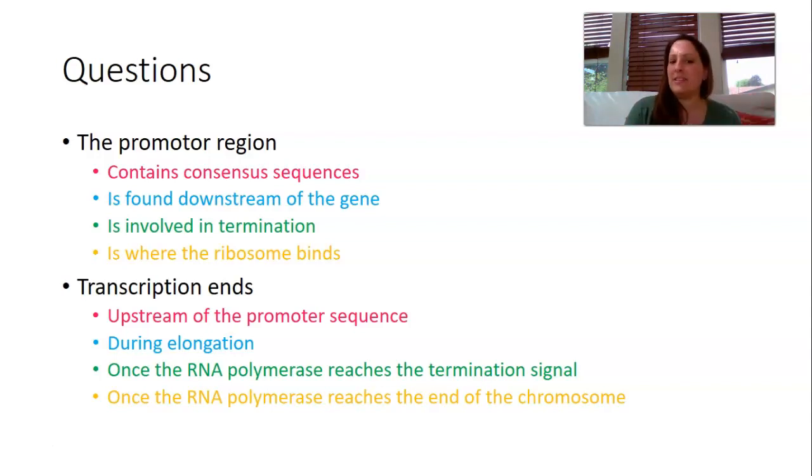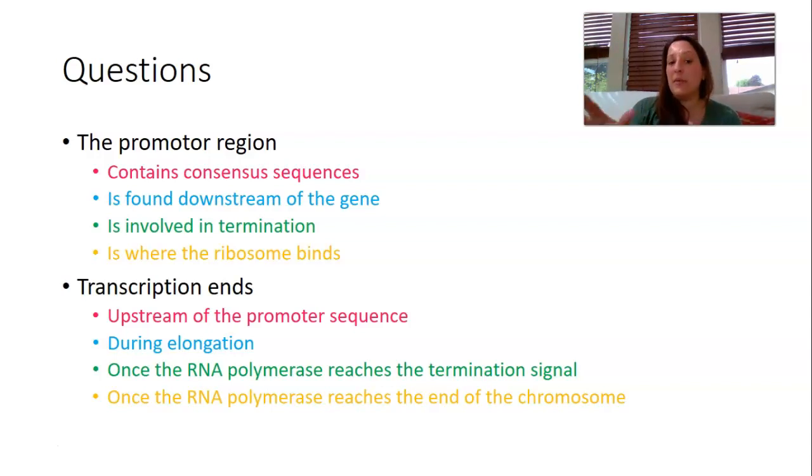These are sequences that are similar amongst all promoters, especially in prokaryotes, and in eukaryotes as well, but the consensus sequences are a little bit different if we compare the two.